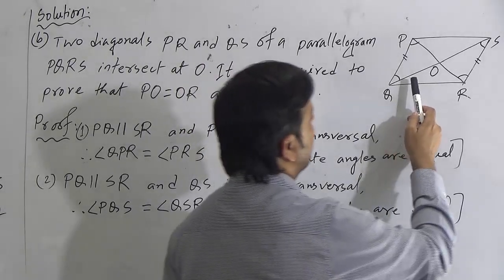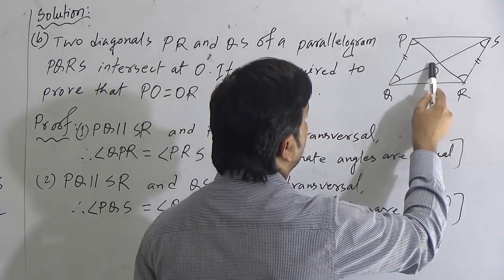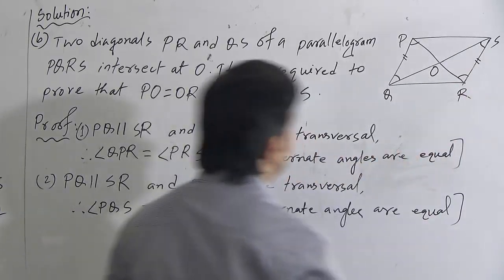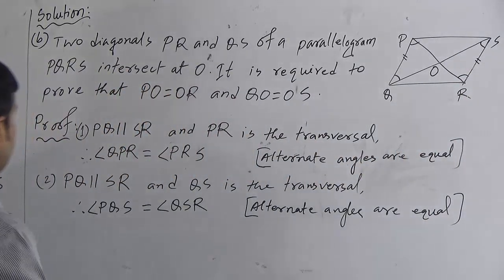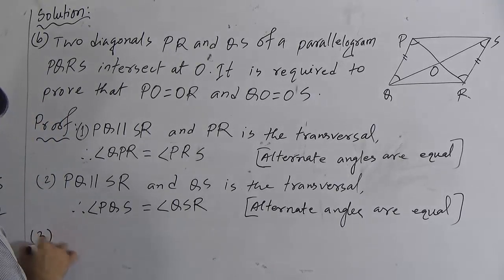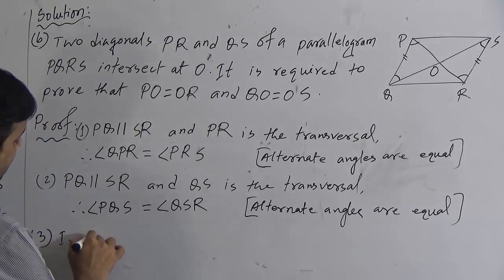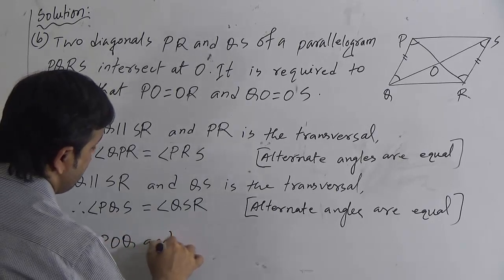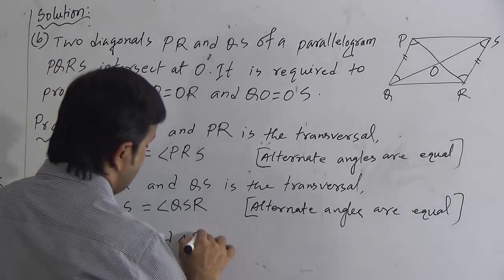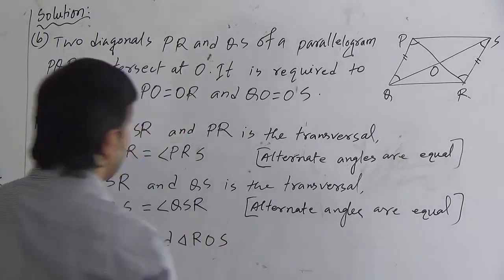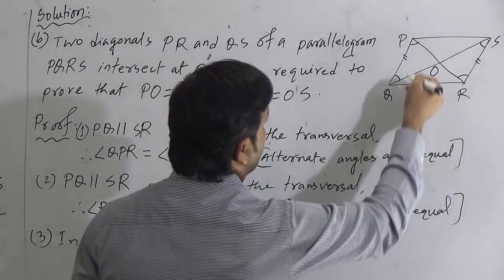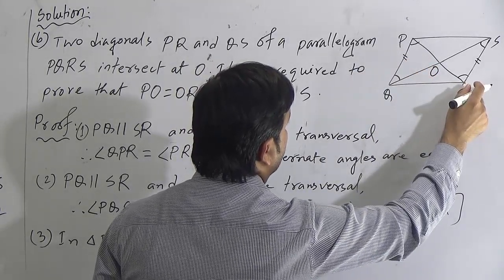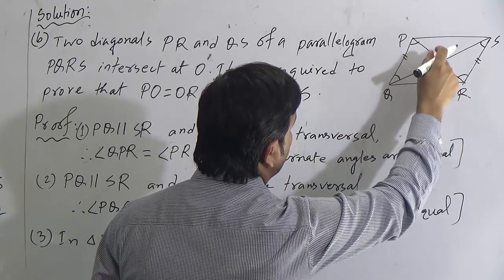If we compare the triangles POQ and ROS, then here we will get step 3: in triangle POQ and triangle ROS, we will get angle QPR, it means angle QPO.